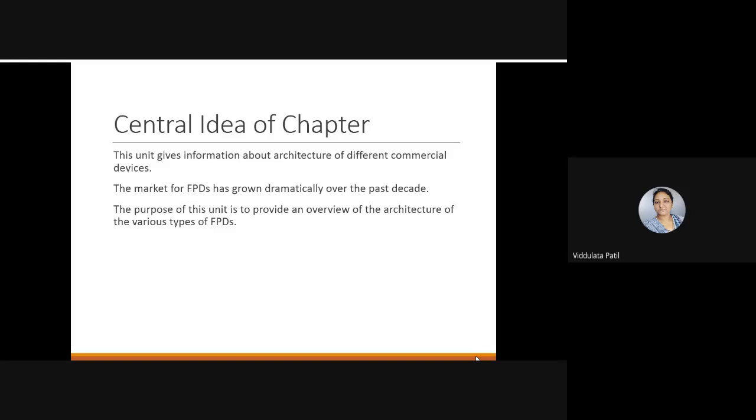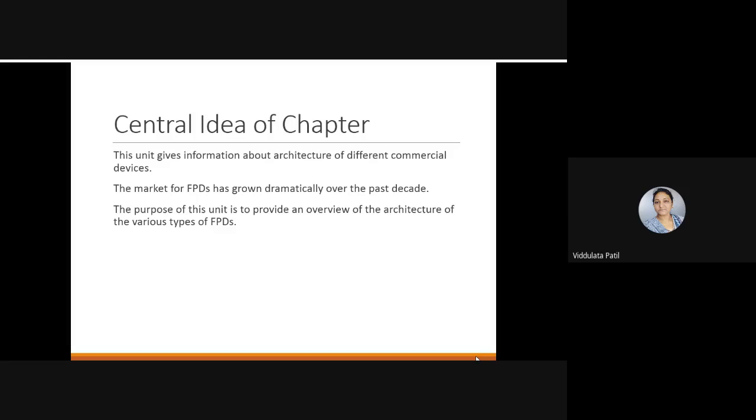So there is confusion about which programmable device has to be selected and what are the advantages of these devices. So the purpose of this unit is to provide an overview of the architectures of various types of FPDs. Okay, so here you will get an idea about the architecture of certain programmable devices. That idea you will get in this unit.